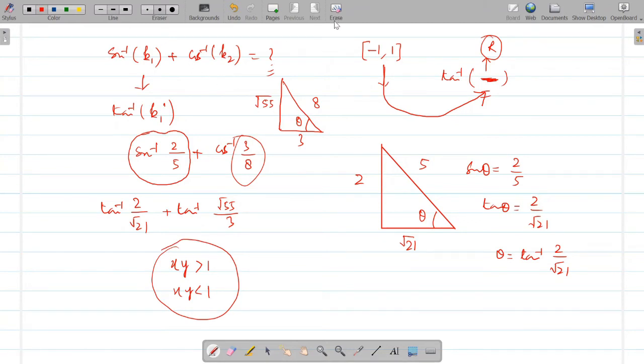So it's advisable to convert all these sine inverse, cos inverse, tan inverse, sec inverse, cosec inverse, cot inverse, all these you just try to get in tan inverse, and then you apply the formula of tan inverse of x plus tan inverse of y, or tan inverse of x minus tan inverse of y.